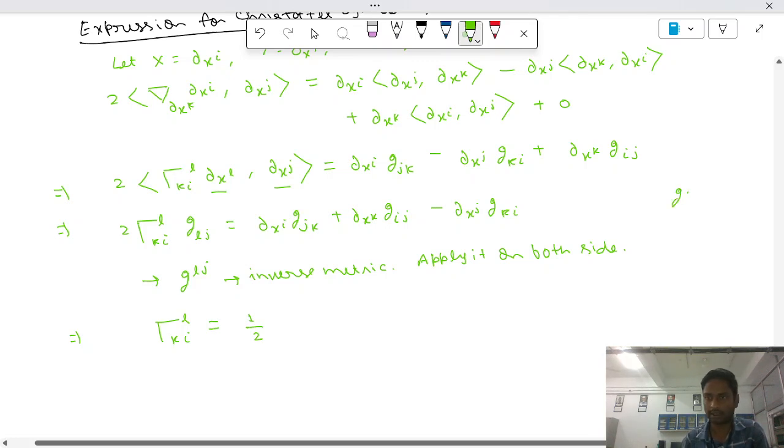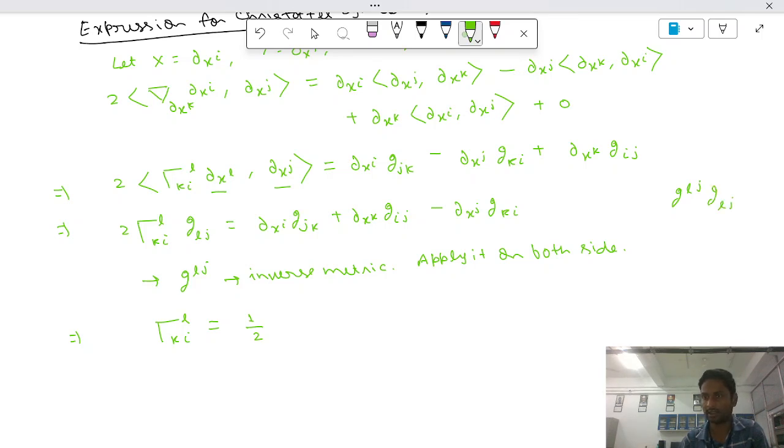Now when you apply this inverse metric g^Lj on your metric g_Lj, this will simply be done. So 1 by 2 g^Lj, and you have this entire expression: del x_i g_jk plus del x_k g_ij minus del x_j g_ki.